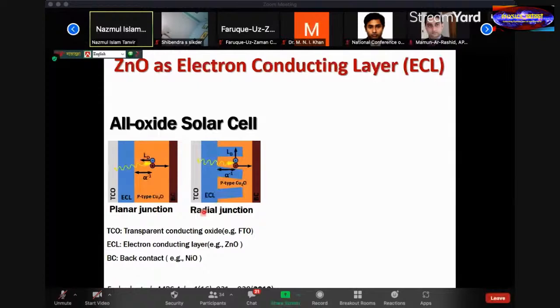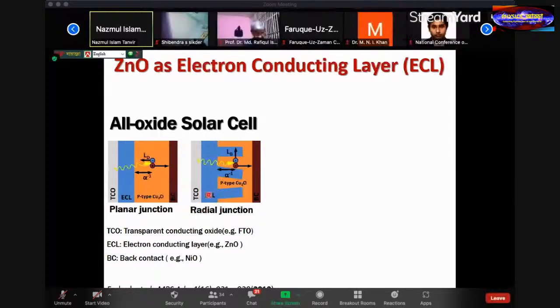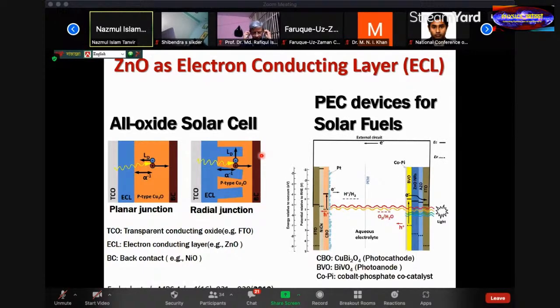One is the planar junction and another is the radial junction. We want to work on the radial junction, and if you want, you can find details in our paper published in MRS Advances in 2019. Another application is photoelectrochemical PEC devices for solar hydrogen, which my supervisor, Dr. S.F.U. Farhad, also recently presented at the International Solar Fuel Conference in 2021, organized by RSC UK.